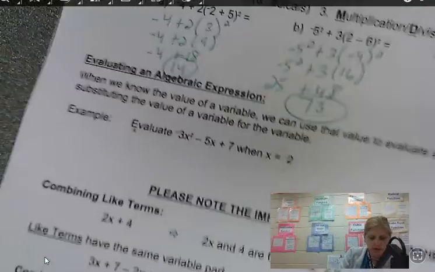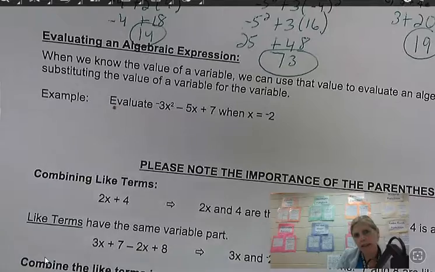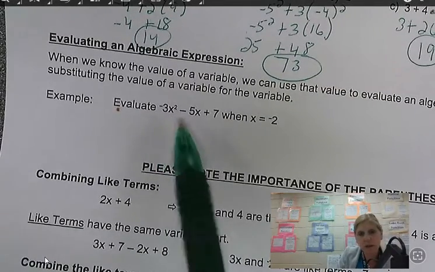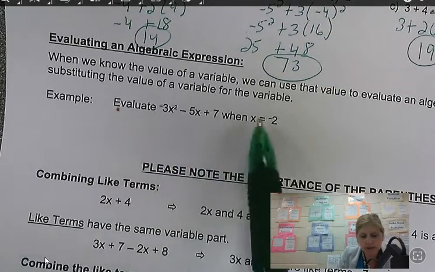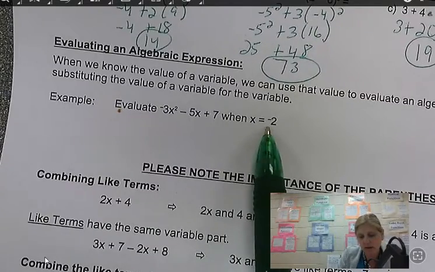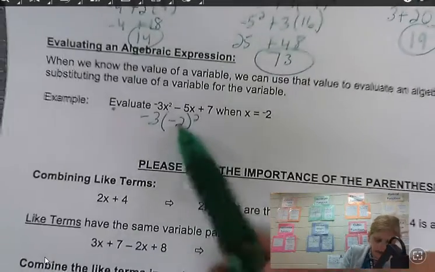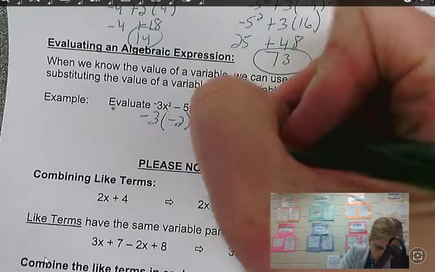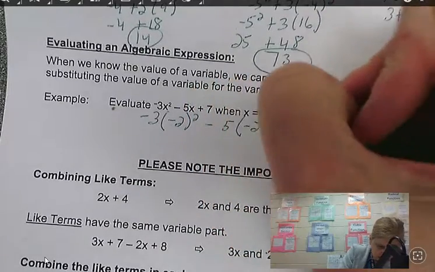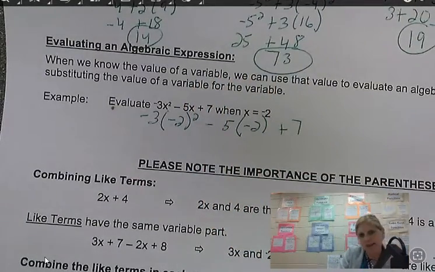Evaluating an algebraic expression. So looking at this, we have -3x squared minus 5x plus 7, and we want to put in the value of -2 for x. So I have -3. I put in the whole -2 squared minus 5 times -2 plus 7.